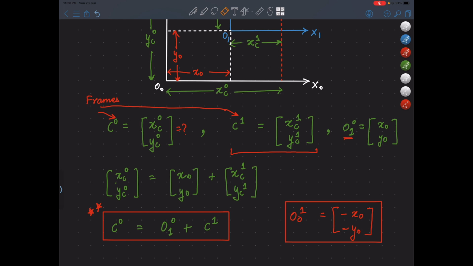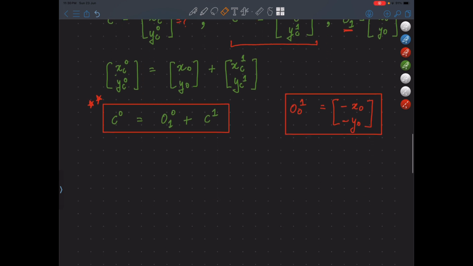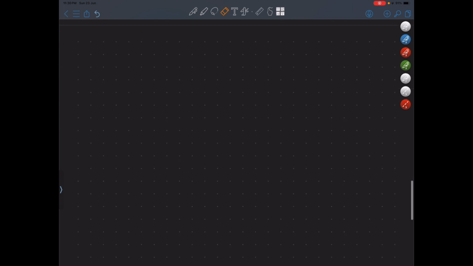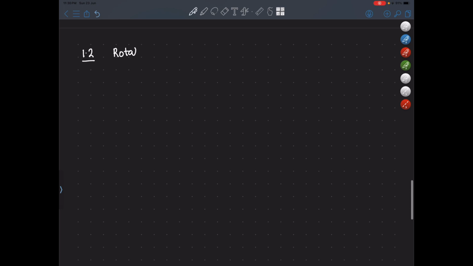Now let's look at pure rotation. Pure rotation means we do not have translation at all. So let's again draw the fixed frame.